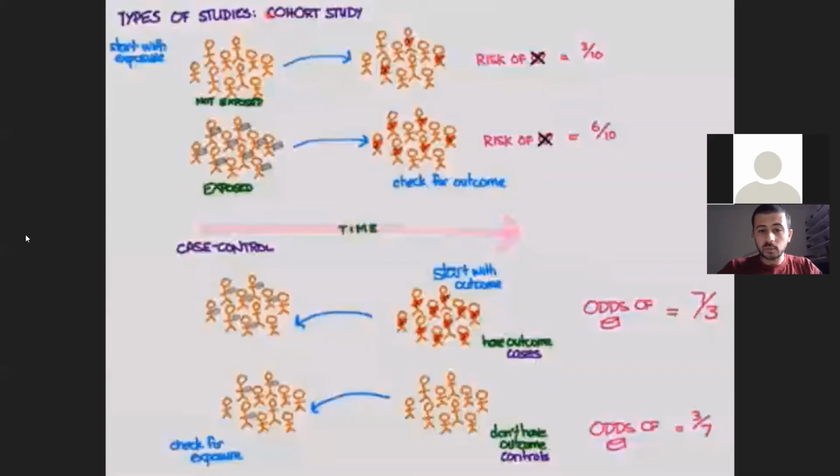But in case control study, I'm selecting some patients and I'm selecting some controls. So we can say that case control study does not represent the population, okay? Because in the population, I won't find 20 people with rheumatoid arthritis and 20 people without rheumatoid arthritis, okay?